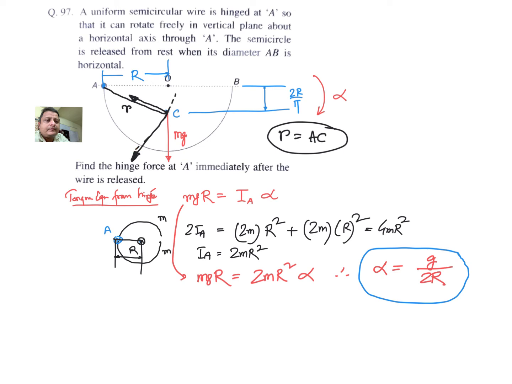It is only having tangential acceleration because the system is just released, so it's still at rest. Only the tangential acceleration, r alpha, is there. Let that be theta, this is also theta. So what are the components? This is r alpha cos theta, and this is r alpha sin theta.